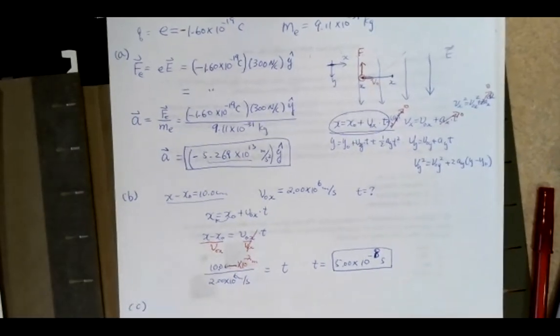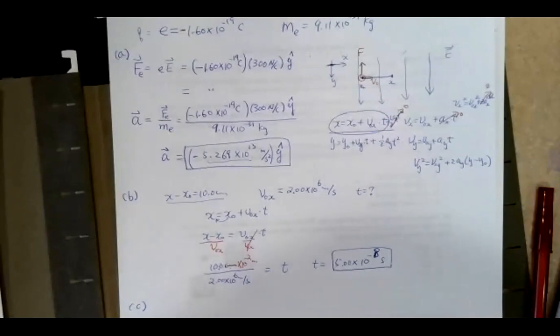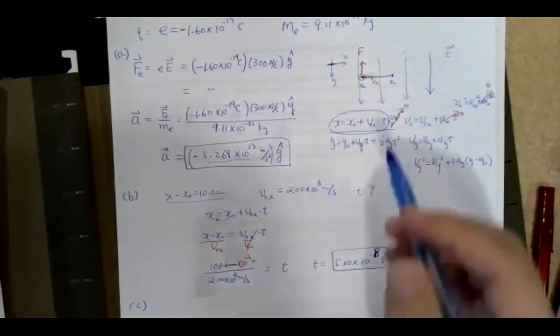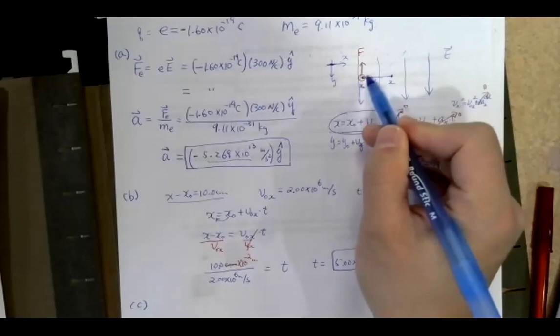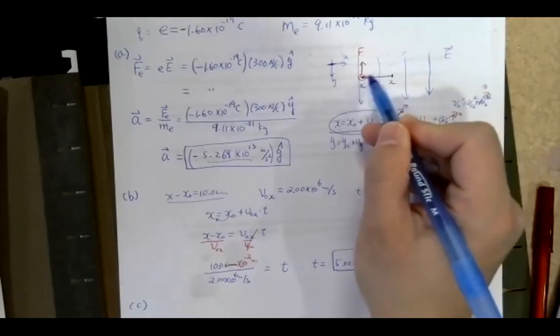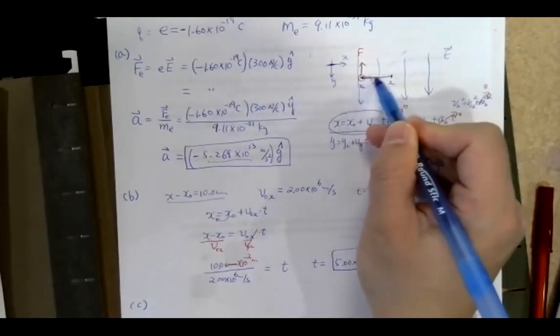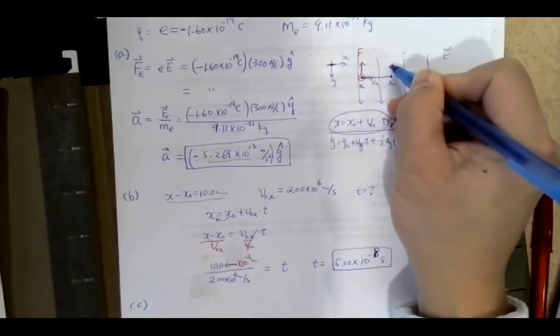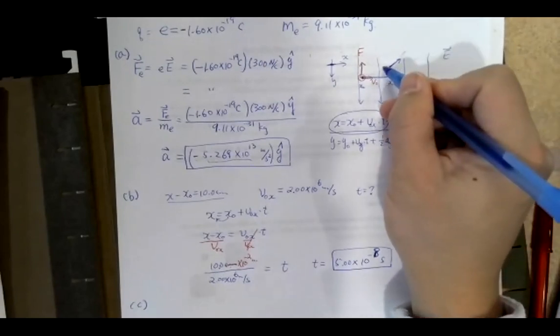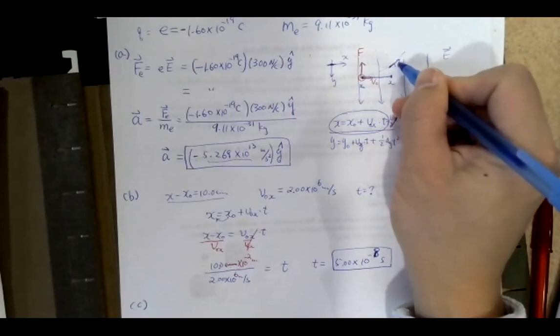Part C is asking through what angle and in what direction is the electron deflected while traveling that 10 centimeters in the x direction. So if it goes 10 centimeters here, it probably goes up in that way. This is just the x component of its trajectory.